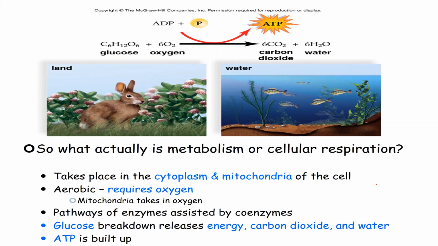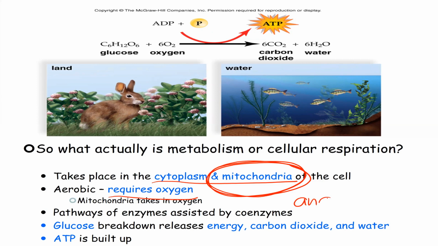So what actually is metabolism or cellular respiration? Well, this takes place in the cytoplasm and mitochondria of the cell. These are going to be two huge players. Ultimately, most of cell respiration is going to take place in the mitochondria. Cell respiration is aerobic, which means that it requires oxygen. There is going to be a section of the process of cell respiration that's going to be anaerobic, which means no oxygen.